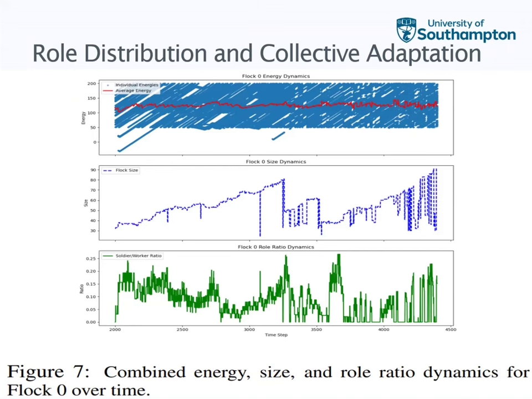Why? Because remember that flock zero, the first flock, is reproducing under the pressure of three predators around. So until the critical point of transition, it will require more soldiers for protection.